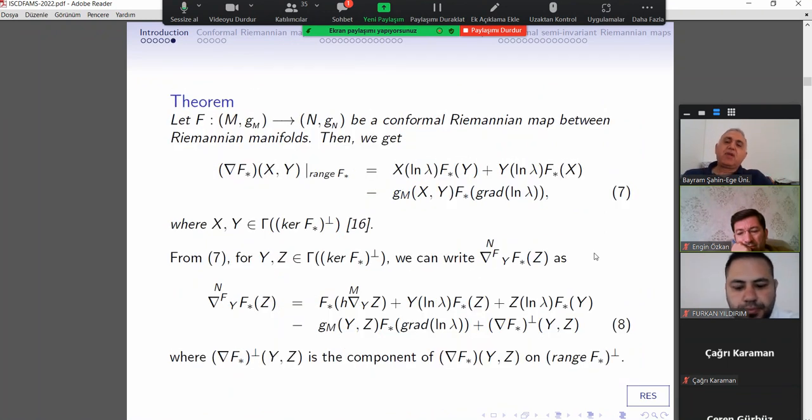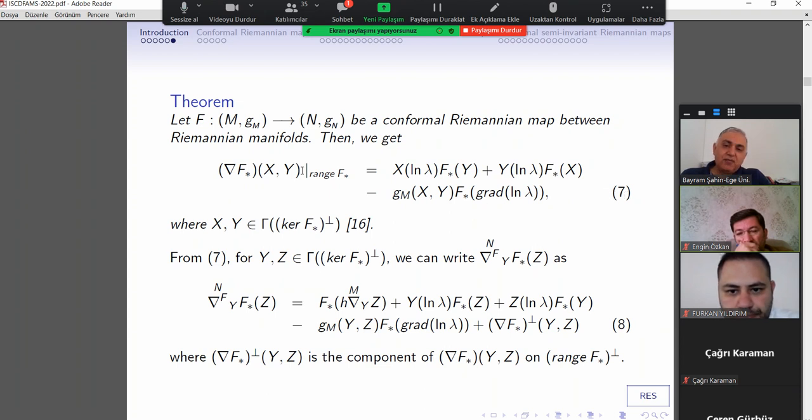Okay, here we will use this theorem very often in this talk, and it gives the idea, the behavior of the second fundamental form for conformal Riemannian maps. Basically it says, if you have a conformal Riemannian map between two Riemannian manifolds, then your second fundamental form takes a special form given by 7.